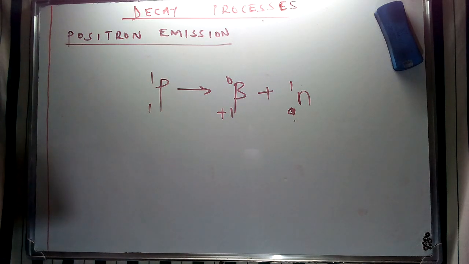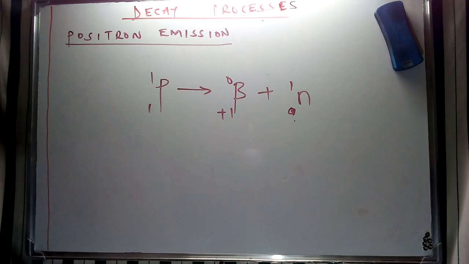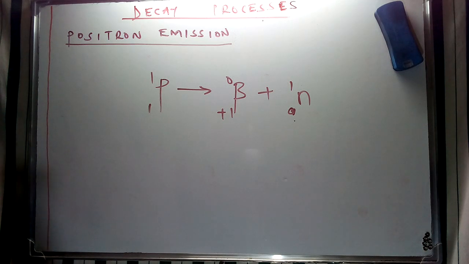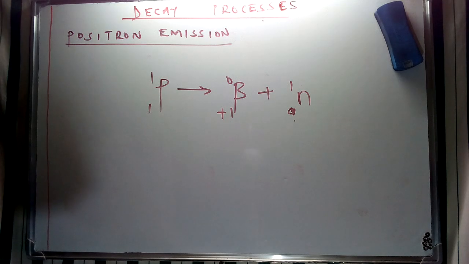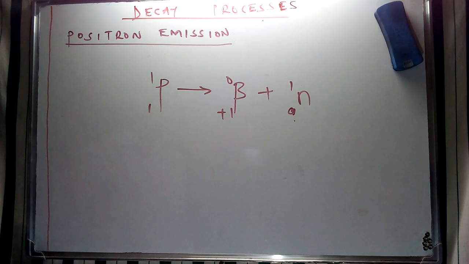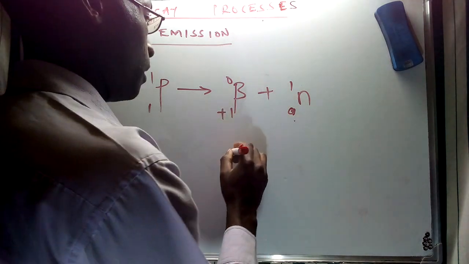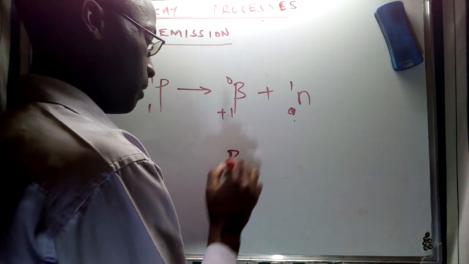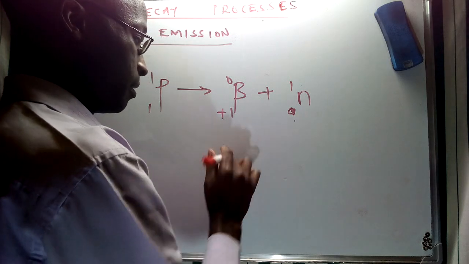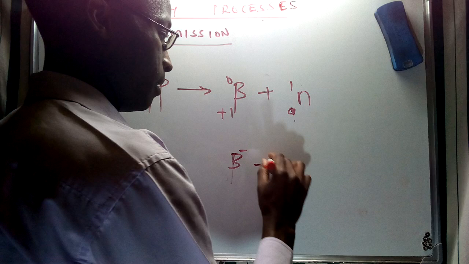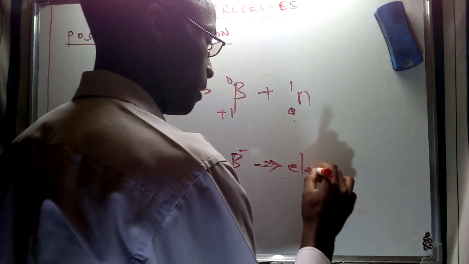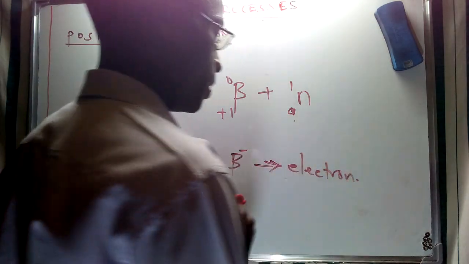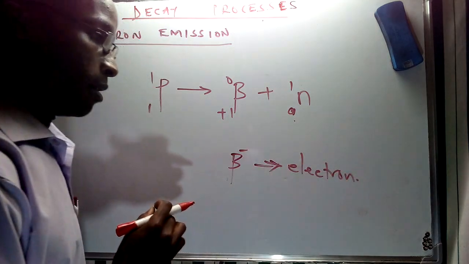Now we have some particles which we regard as antimatter, which are the counter particles of the previous ones that we have discussed. For instance, in beta decay, in our first case, the symbol represented an electron, which has the charge and the mass of an electron.